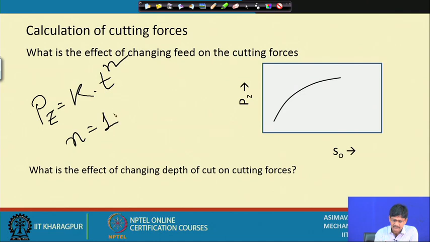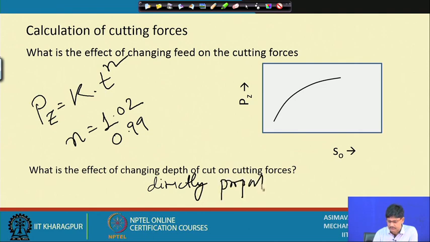Maybe in some cases 1.02 or 0.99 etc. for different forces. So, it is more or less proportional. If you double the depth of cut, the cutting force will be more or less doubled. So, this one is directly proportional for all practical purposes, and the feed one is to the power roughly 0.75 to 0.69.